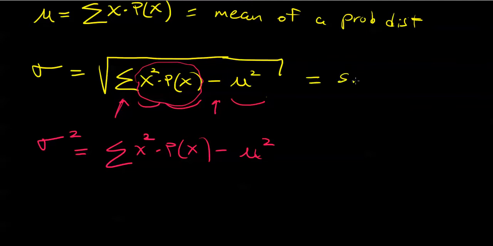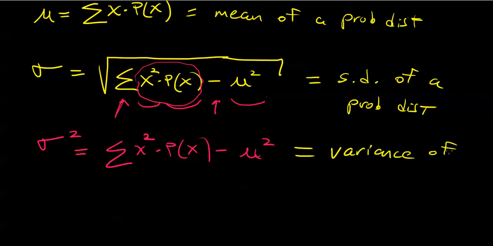Sigma is our SD of a probability distribution. And sigma squared, of course, the square of the standard deviation, is the variance of a probability distribution. Okay?